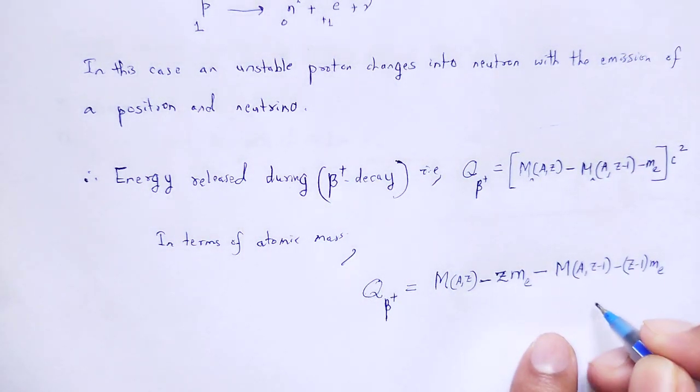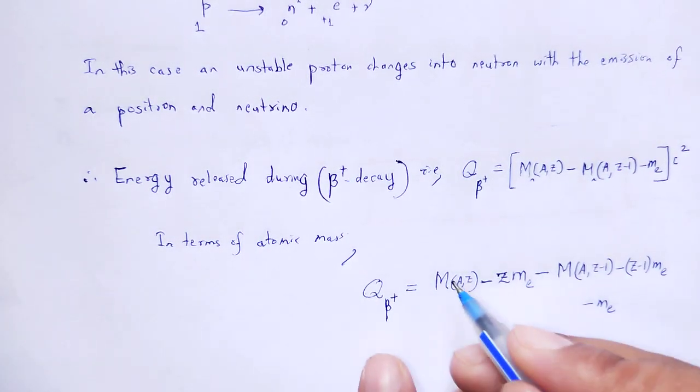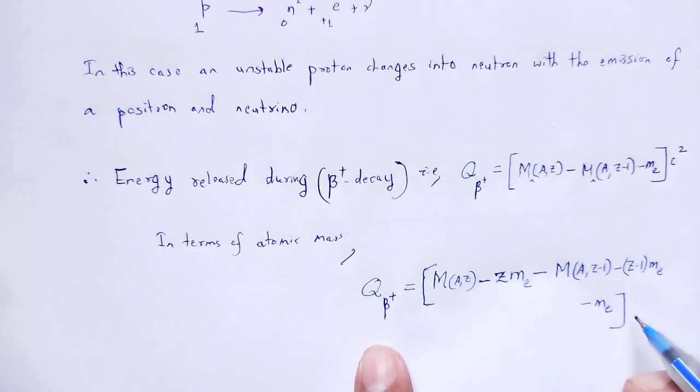Next, minus the mass of the electron, multiplied by c square.